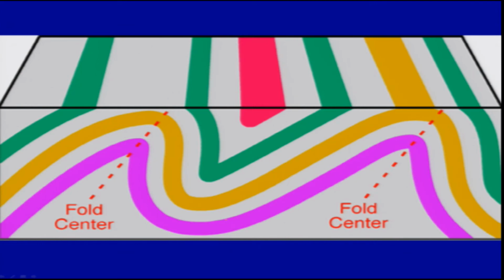Now, in nature, as I was saying, everything will not be so clear. Sometimes what you come across is that only on the surface you will be able to see the beds. But how do you identify whether these are part of folded beds or just vertical beds?